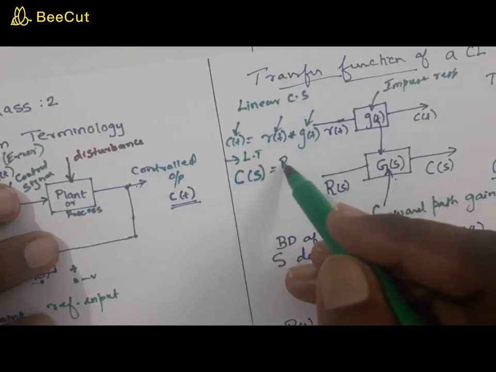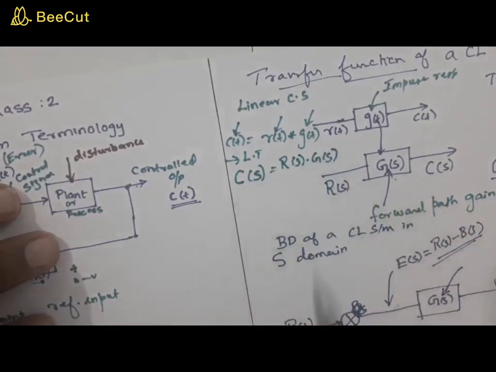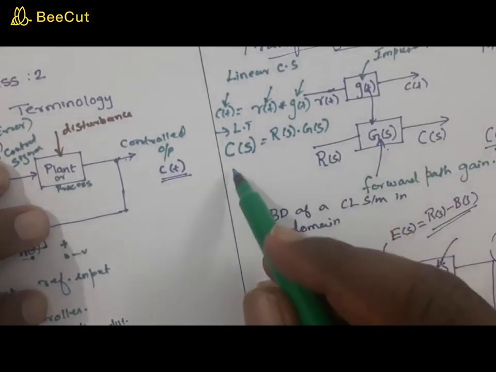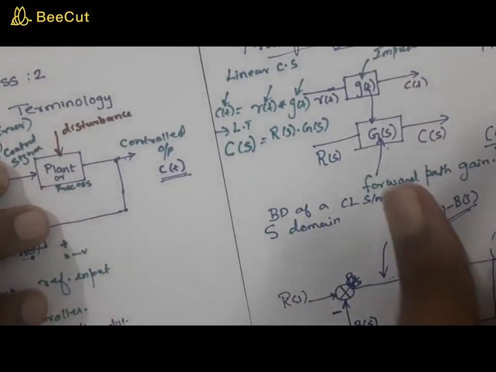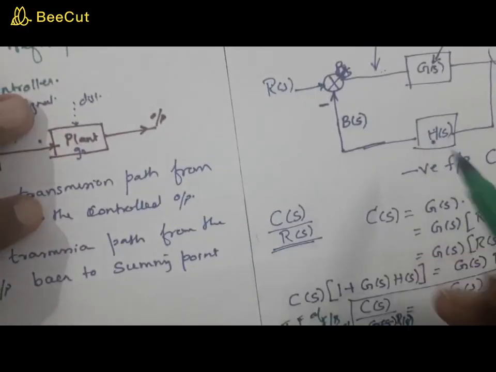So this will be R of s into G of s, and for details you may refer to my previous notes on signals and systems. From this you can find C of s by R of s to be G of s. So this forms the basis of finding the transfer function.